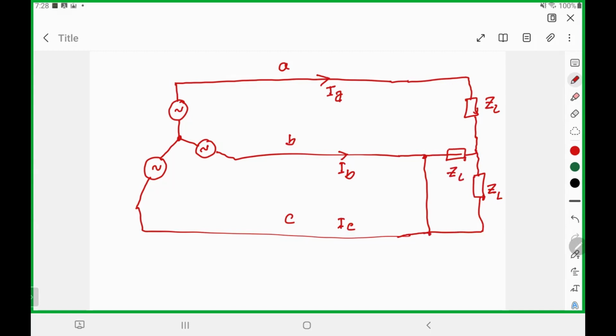So what will happen? This current is initially flowing in this direction. Now I have made it shorted. Now what will happen? Who can tell? All your current, the current through your red phase or your A. Let us draw this fault line with a different color.